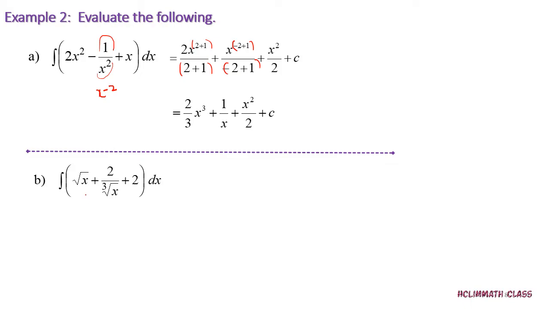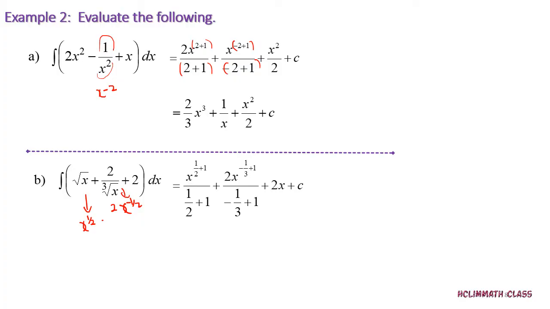So same case here. We try to convert into the index form. The third one, we will have x to the power 1 over 2, and this one we have 2x to the power negative 1 over 2. So for these cases, we proceed to integrate 1 by 1.